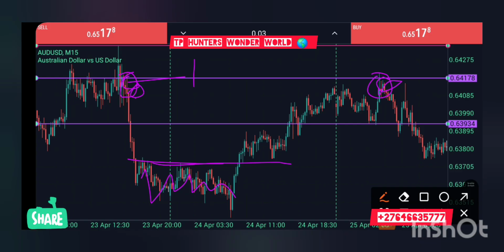But if you understood the strategy, once you see breakout, retest and consolidation, just know that the market is about to reverse. But then it will give you confirmations for sell.